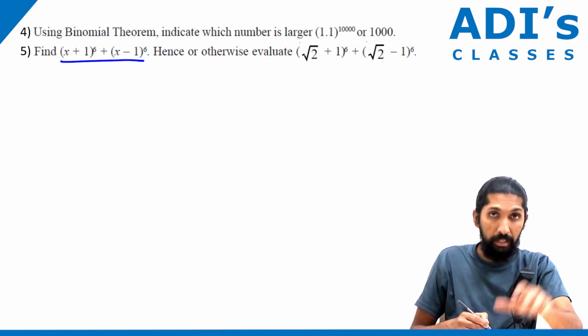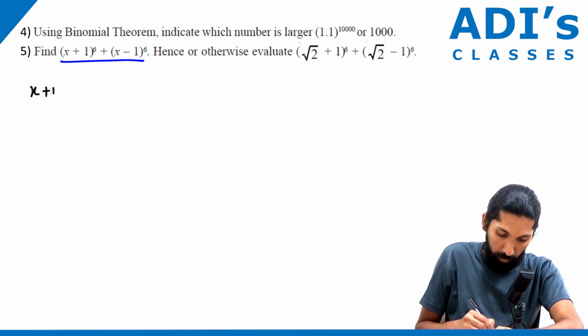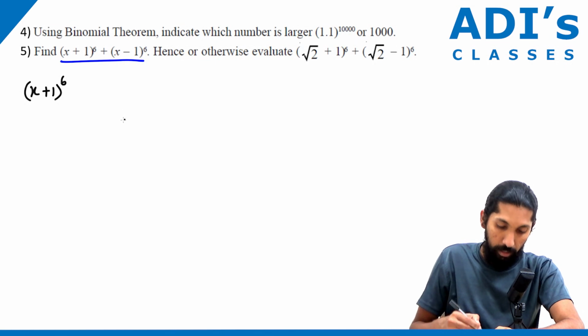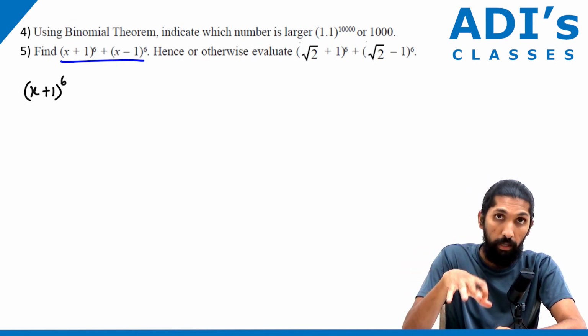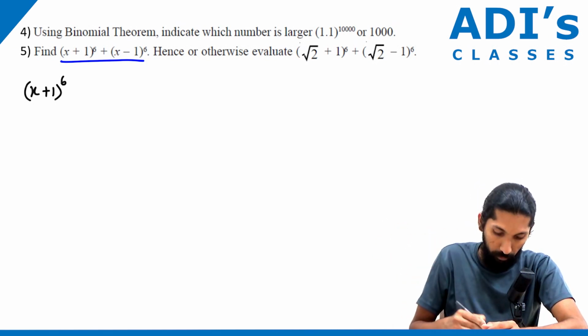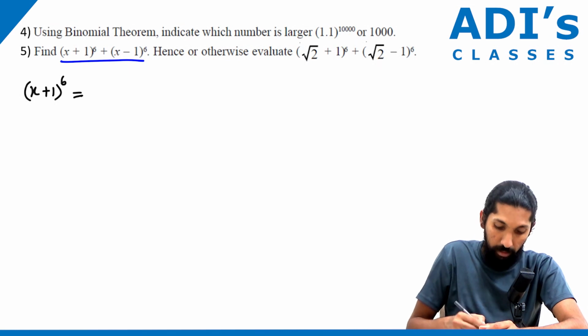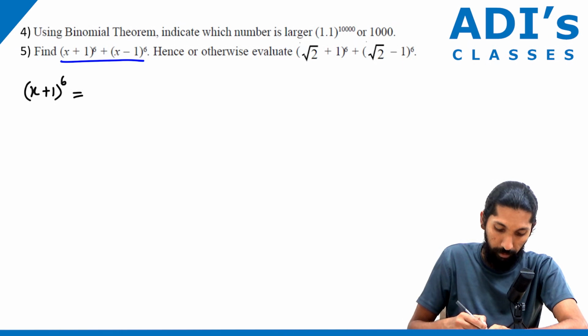So here x plus 1 whole power 6. See, x plus 1 whole power 6 or 1 plus x whole power 6. Both are one and the same, right? You can write the same thing or you can just write it as it is. It makes no difference anyway.